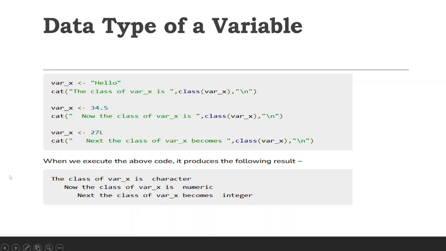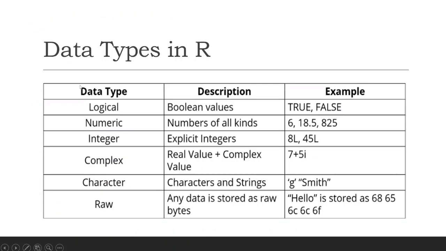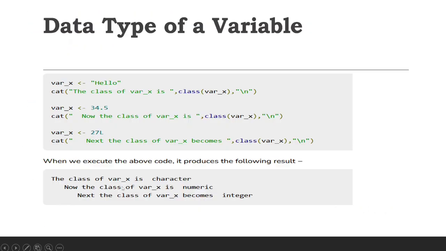You can see here, hello is assigned to a variable named var_x, and the leftward operator has been used. This is the way we can assign a string to a variable, and there is one variable with one data type or data object. You can see here the character one, so it must be character.